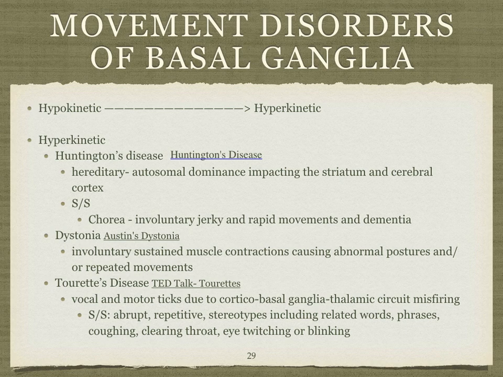And usually between 30 and 40 you become diagnosed, and about 15 years is when it's fatal. And what's happening is this globus pallidus is unusually overactive, and it's causing jerky movements.